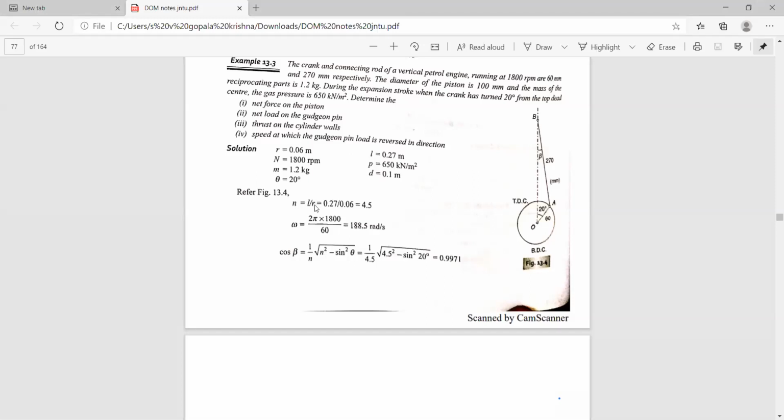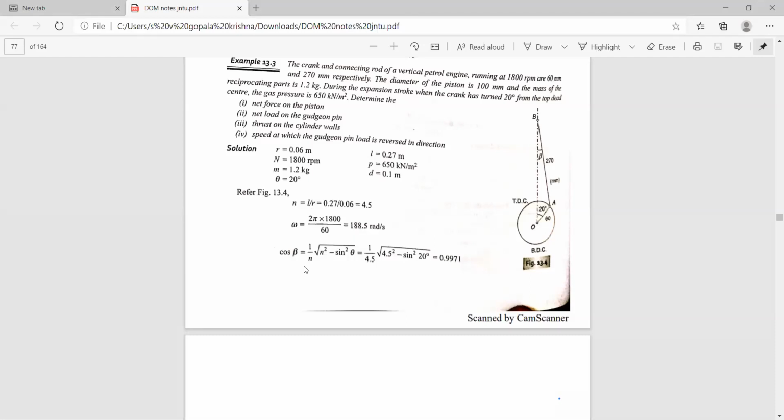First we will find the n value, the ratio of length of connecting rod to the crank radius, which is 4.5. Omega, the angular velocity, is 2 pi N by 60. Substituting the values, omega equals 188.5 radian per second.